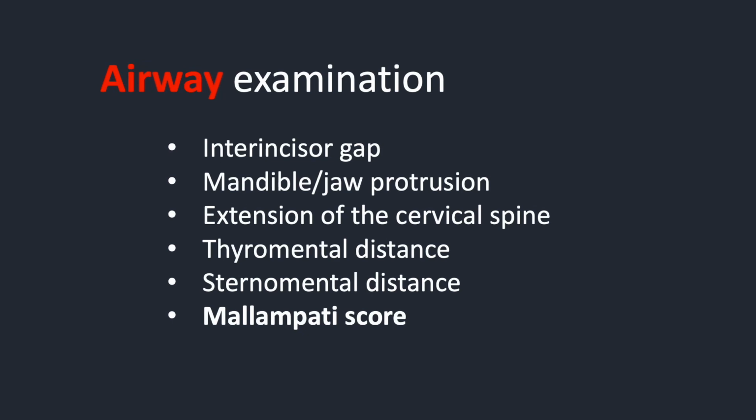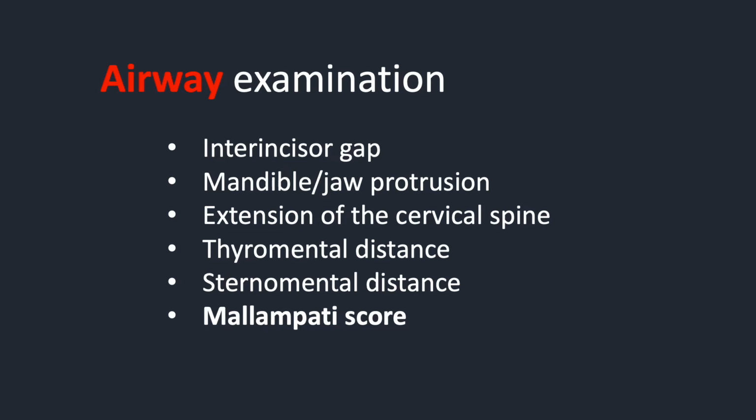For the actual airway examination, there are multiple types of examination. The interincisor gap or the mouth opening, mandible and jaw protrusion, where the lower jaw should go beyond the upper jaw.